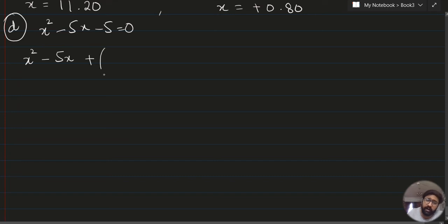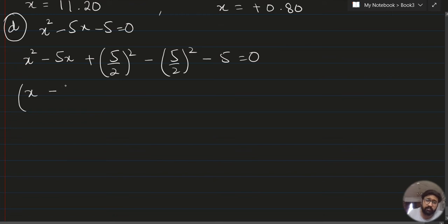Now we are going to add the half of 5, that is 5 by 2 whole square, minus 5 over 2 whole square, minus 5 is equal to 0. Now the first three are making an identity, which is x minus 5 by 2 whole square minus 25 by 4 minus 5 is equal to 0.